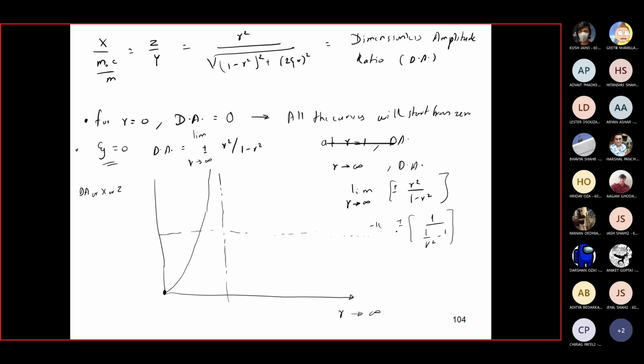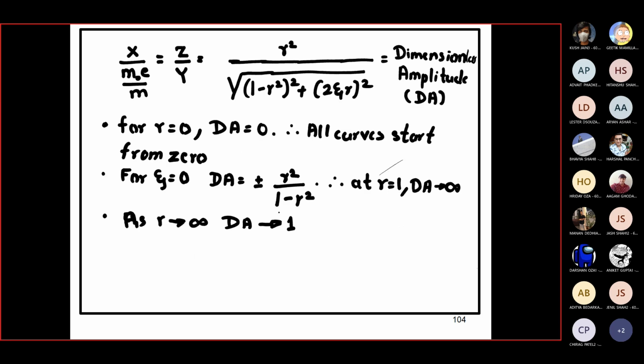This term at infinity tends to 1, right? So all the curves will tend to 1. Where r tends to infinity, dimensionless amplitude tends to 1.